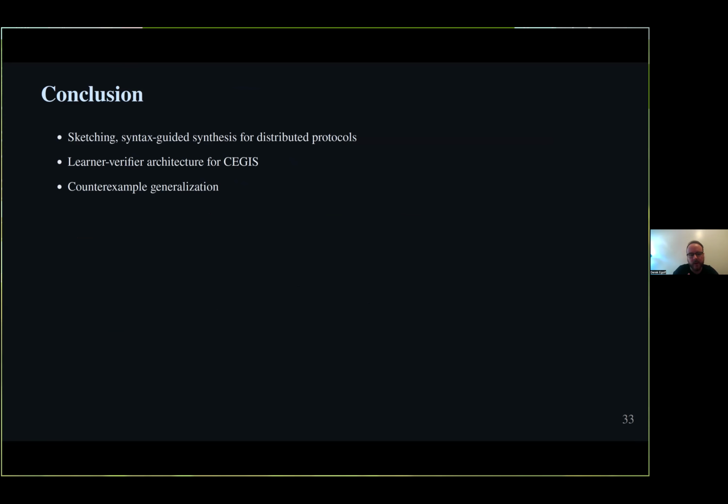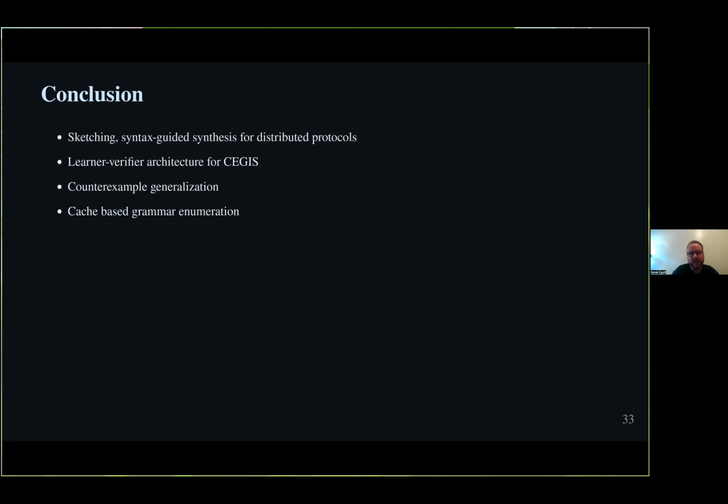So just to conclude the talk, we talked about sketching and syntax-guided synthesis for distributed protocols. We talked about the learner verifier architecture for Segis. We talked about how we generalize counterexamples, and we showed that this is really important so that you don't have to model check so many things.